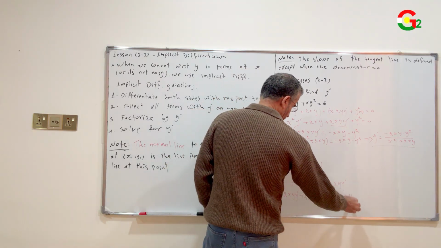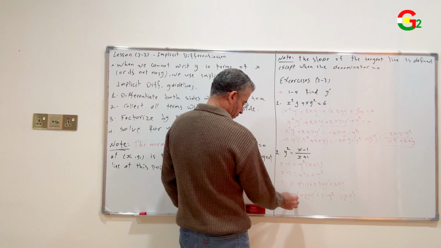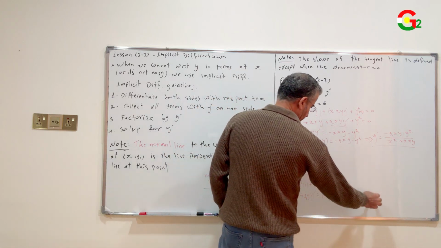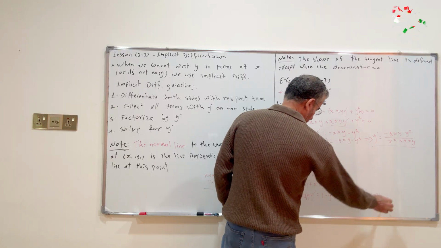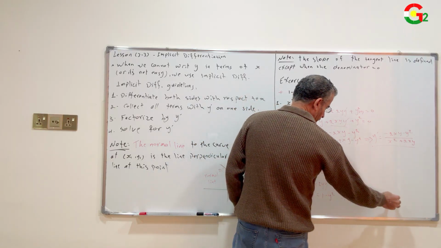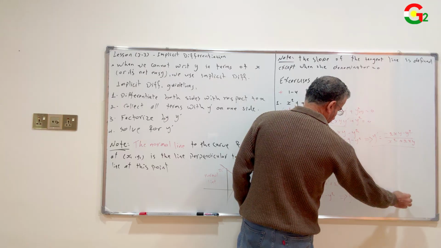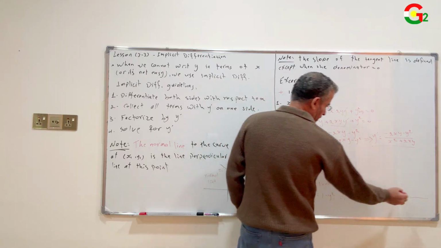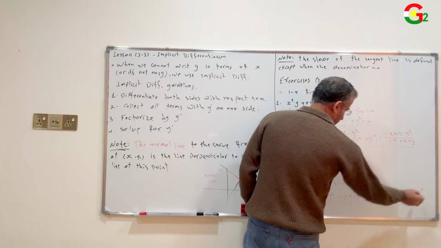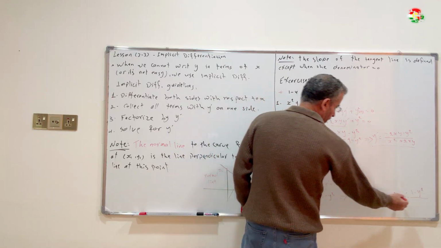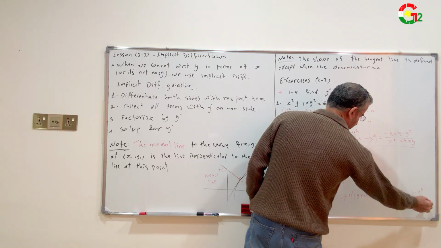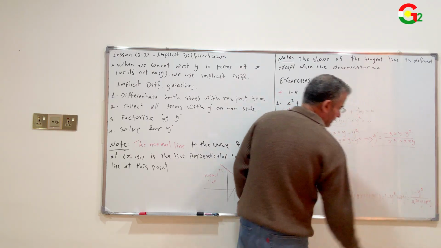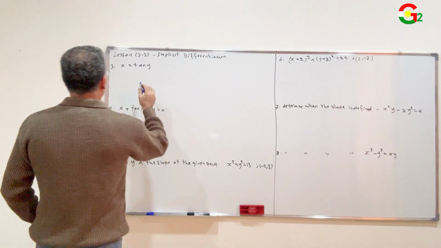Factorize by y prime: 2xy plus 2y equal to 1 minus y squared. Solve for y prime equal to 1 minus y squared over 2xy plus 2y.